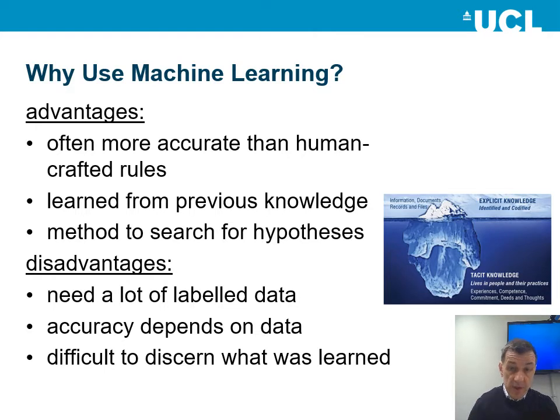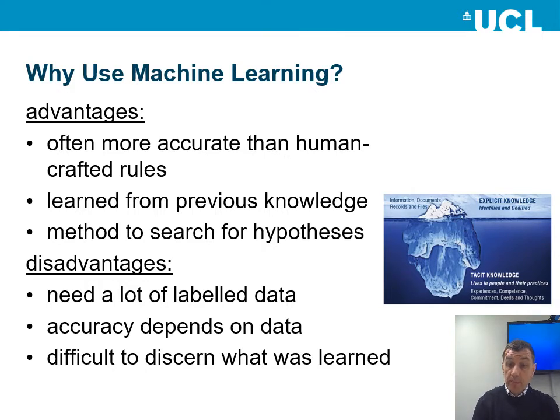The disadvantages of machine learning is that most algorithms in machine learning need a lot of labeled data to start with. And the accuracy of the algorithms depends very much on that data. So if your data is not very good, if your data is biased, if there's a lot of errors in your data, then your algorithms won't be very satisfactory.